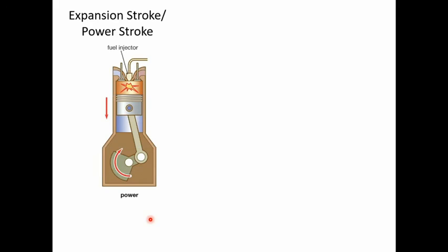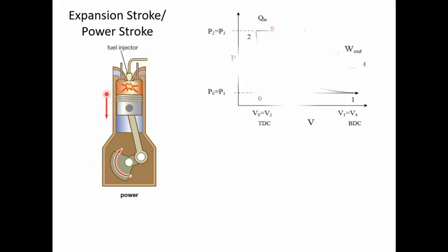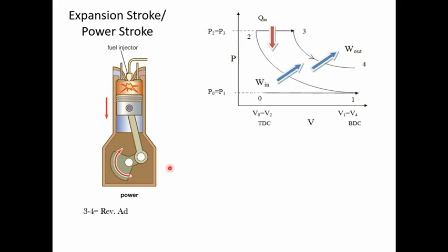Then comes the expansion stroke, or power stroke. After ignition, the piston head moves from top dead center to bottom dead center, and the power stroke takes place. This is also an adiabatic expansion process or isentropic expansion process. It also follows the relation PV to the power gamma equals constant.